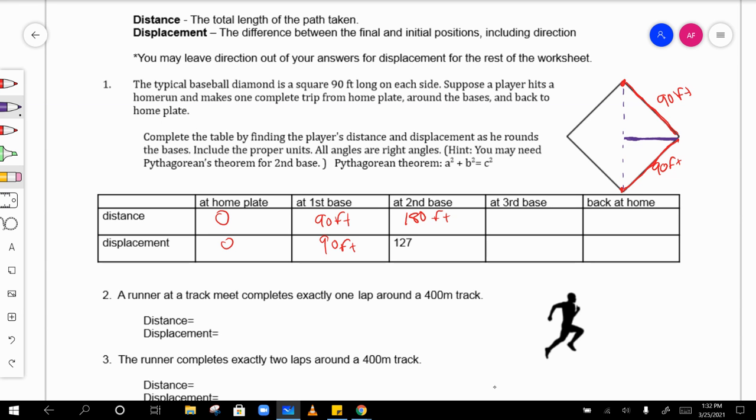Next, if we go to third base, we're traveling another 90 feet. So we travel 90, 90, 90, that's 270 feet total distance. But our displacement is actually only 90 feet because we're only 90 feet from where we started.